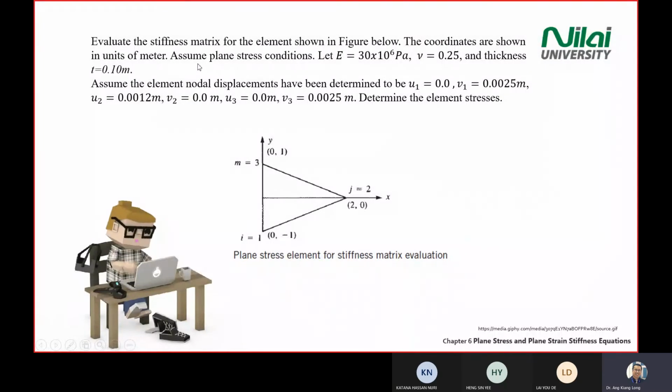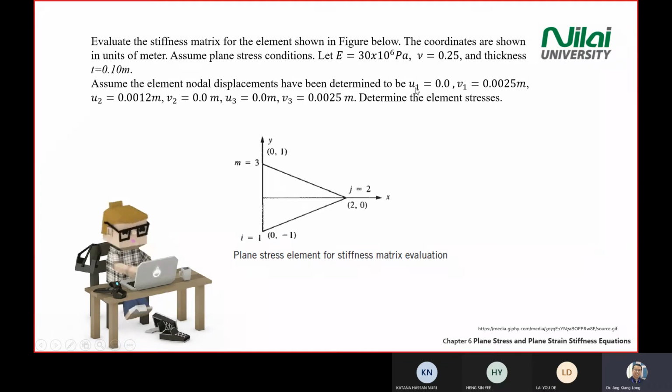All right. So assume that we have a plane stress condition, the modulus of Young or elasticity constant value is given, Poisson ratio is given, Poisson ratio is 0.25, thickness is given, and the displacement in this case is given to you.